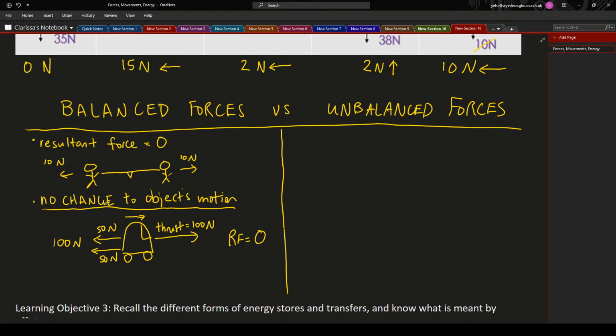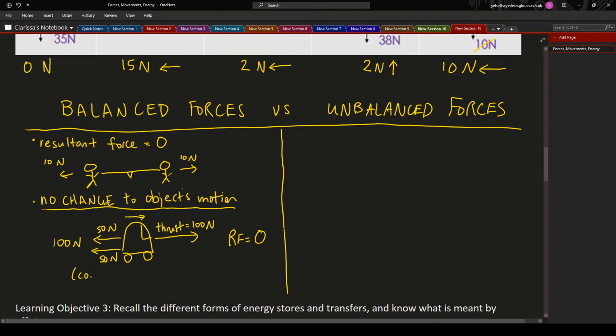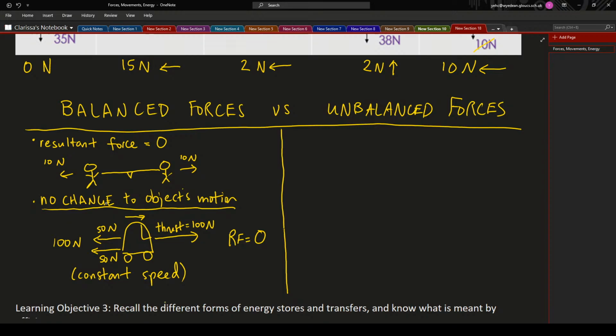So what happens is when you see balanced forces on an object that is already in motion, it's just going to stay at the same speed. So it's not going to all of a sudden stop and stay still. It's going to move exactly how it has been moving.